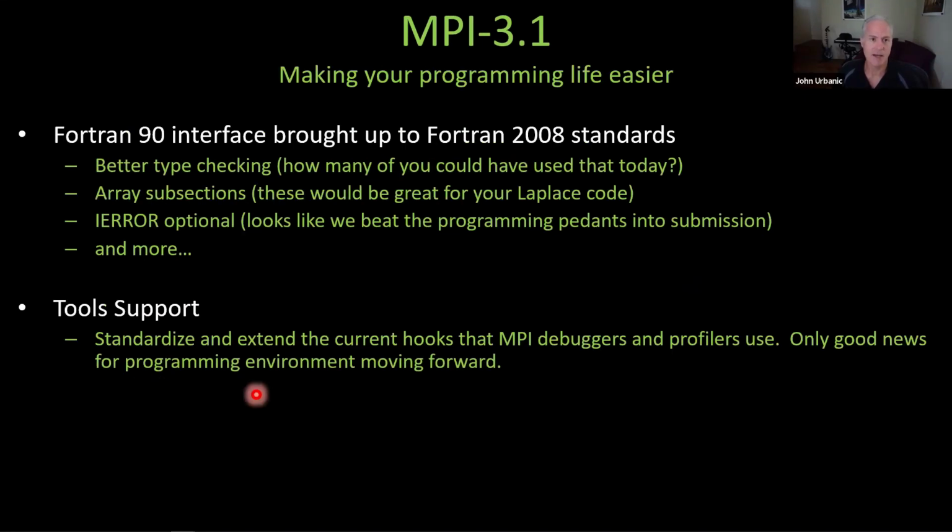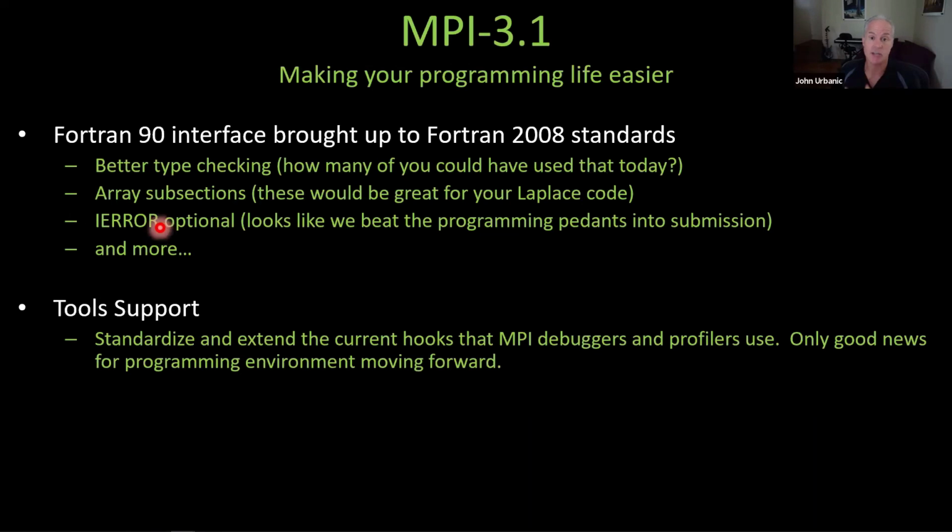Let's see, Fortran 90. Things have continued to improve well since Fortran 90. The Fortran 2008 standard has brought along some automatic type checking. Many of you working on the Laplace code accidentally used the wrong types and found out the hard way that something should be a float instead of an int. So there's better type checking. The array subsections that we talked about are supported well.